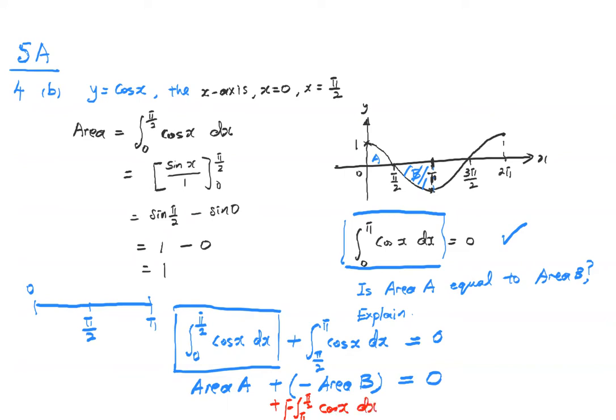So can the examiner say I'm wrong? Cannot. Correct? So if I invert the limit, I give a negative value. So if I invert the limit, that means that represents the area B. You see or not?